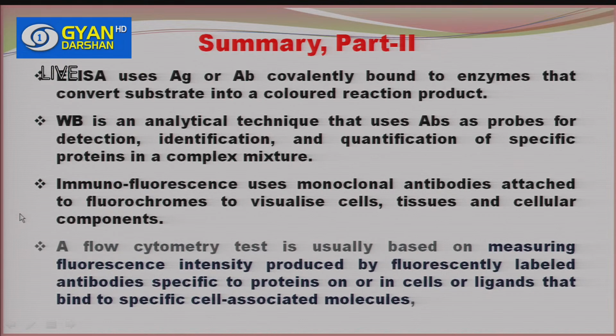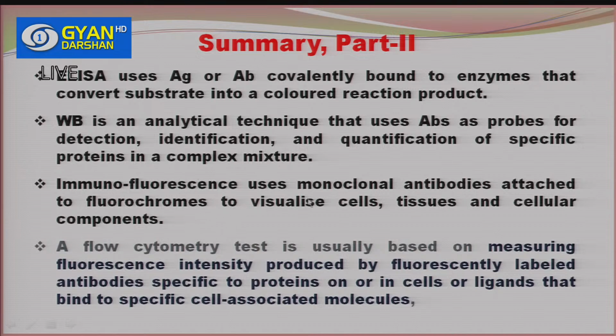Dear learner, I want to summarize my part. You have learned a number of techniques like ELISA, where we can use an antigen or antibody covalently bound to an enzyme that converts a substrate into a colored reaction product. Western blotting is an analytical technique that uses an antibody as a probe for the detection, identification and quantification of a specific protein in a complex mixture.